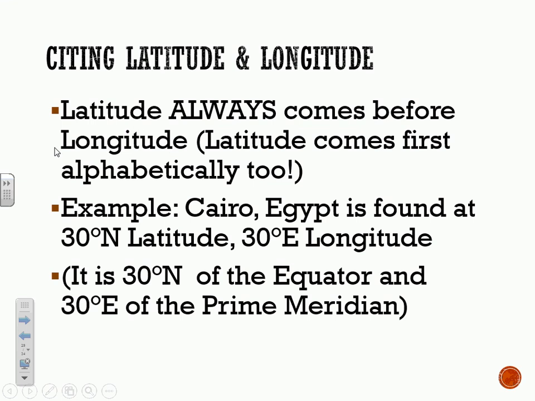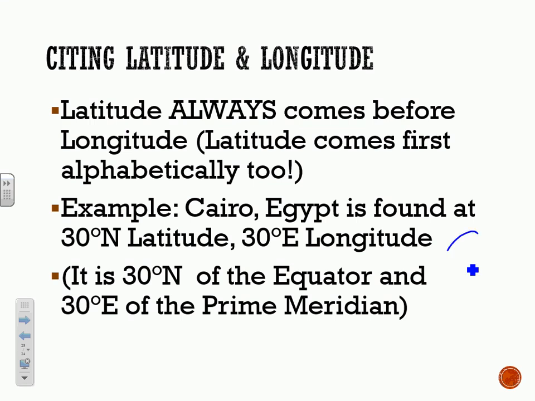So for example, if we were looking at a world map, Cairo, Egypt is found at 30 degrees north. So if we had the Earth, we had the equator, we would go 30 degrees north of the equator.